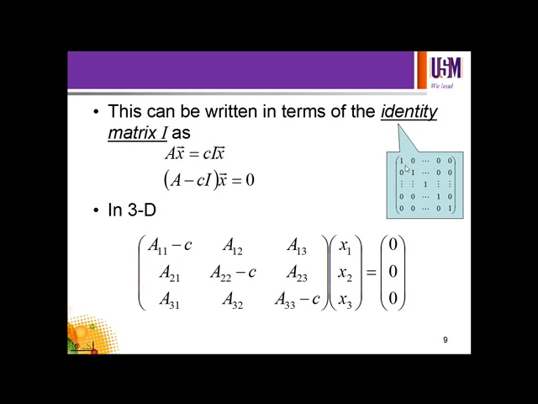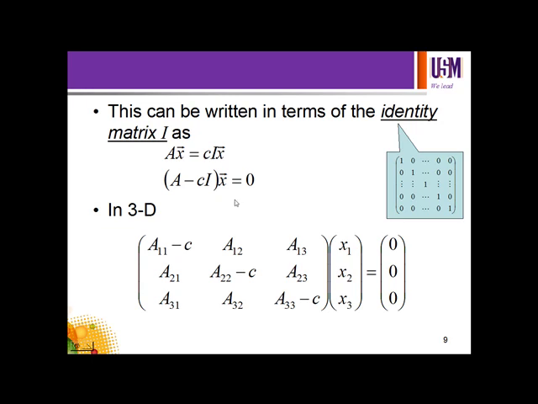It can be 3 by 3, 4 by 4, n by n. So the expression can be rewritten as matrix A multiplied by eigenvector X equal to eigenvalue C multiplied by the identity matrix I multiplied by eigenvector X. So we rearrange, and we get A minus CI, the whole thing multiplied by the eigenvector X, equal to 0.